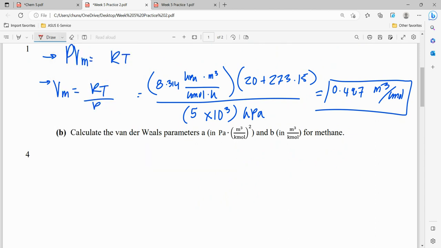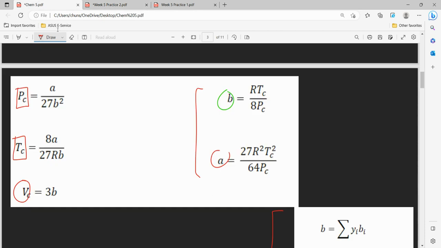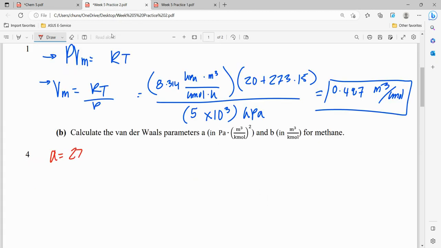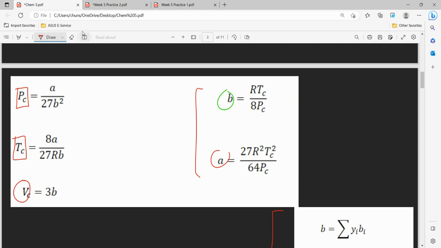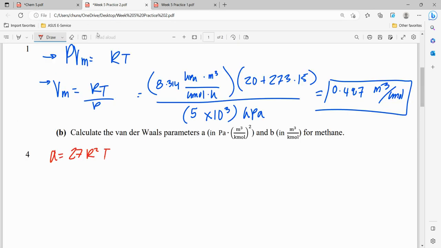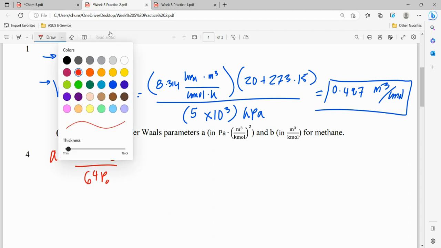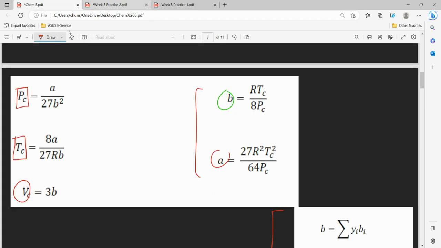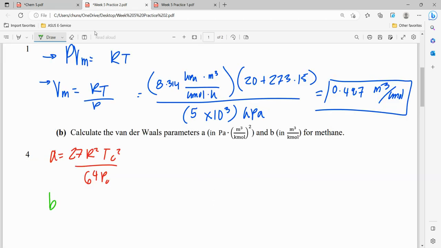So let's find A. A is equal to 27 R squared TC squared over 64 PC. And we have B equal to RTC over 8PC.